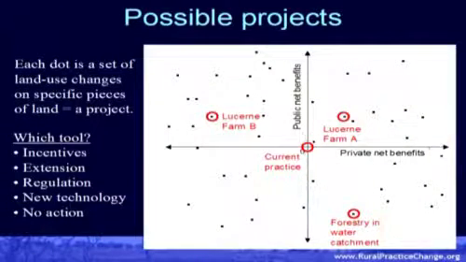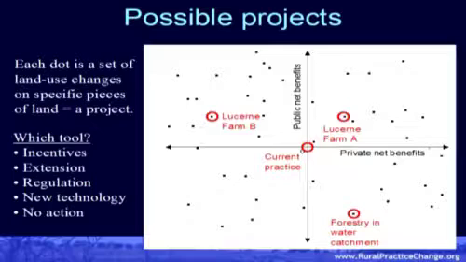And this little framework simply identifies alternative projects or investments in practice change and attempts to identify the private and public net benefits of those changes and then plot them on this graph. So along the horizontal axis is the private net benefits, and on the vertical axis is the public net benefits.